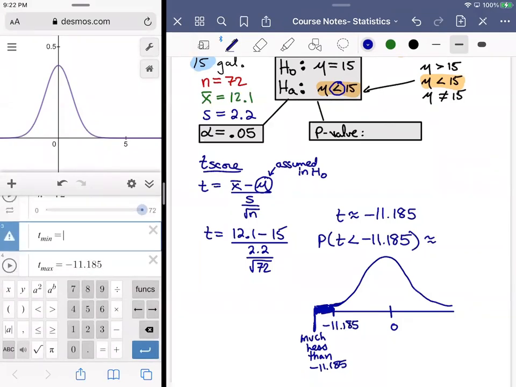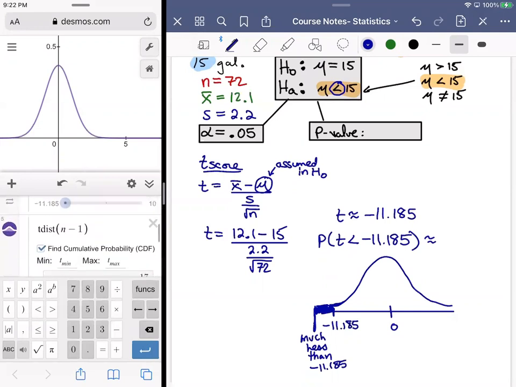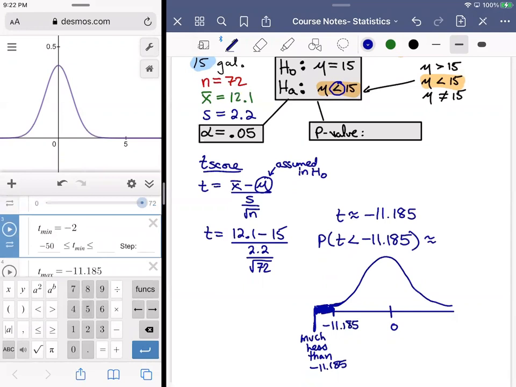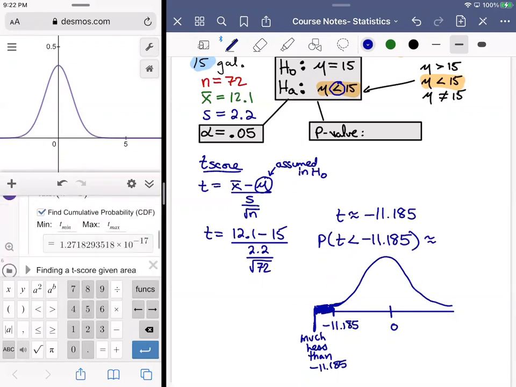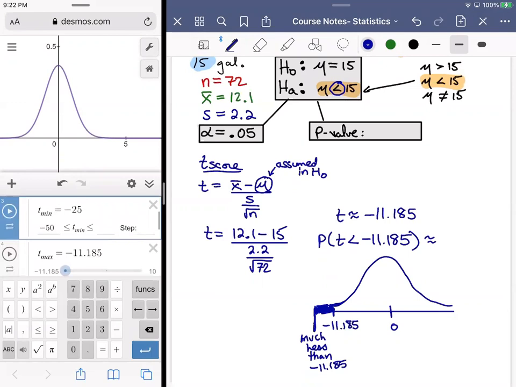So let's say you make it negative 20. Then you look at the number and say, okay, let me make it negative 25. No change. That's really all you're looking for. You need something that's substantially small compared to the number that you're referencing.